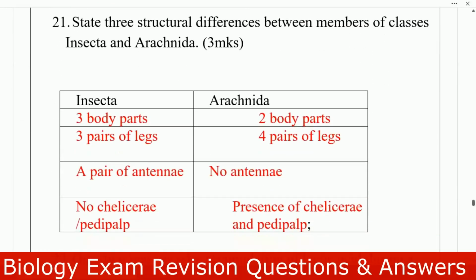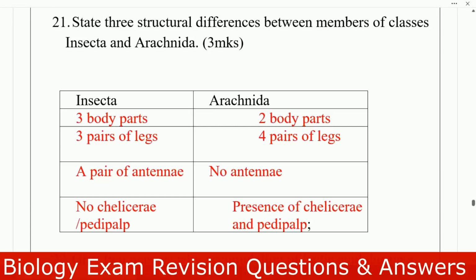Question number 21. State the structural differences between members of classes Insecta and Arachnida. Insecta one side, Arachnida the other side. Insecta have 3 body parts, Arachnida have 2 body parts.